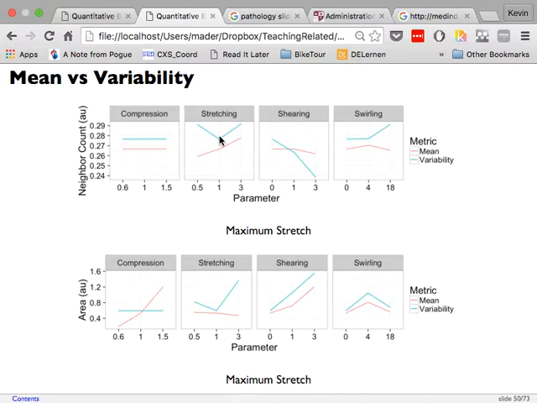And the mean is then linear with this parameter. We then can look at shearing, and we see that the variability goes down strongly as the shearing becomes stronger and stronger, and that the mean doesn't change very much. Basically these curves give us a way of identifying what behaviors we see and bringing them back to this compression, stretching, shearing, swirling.